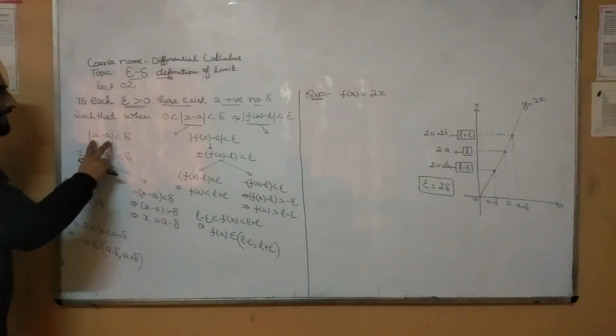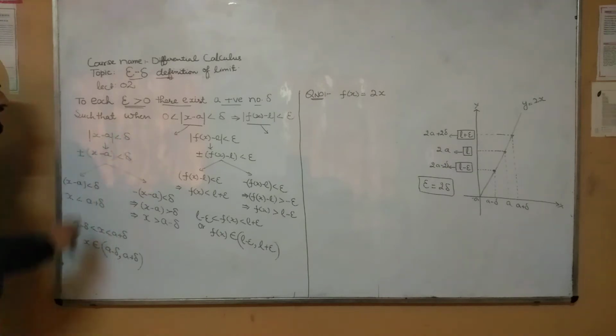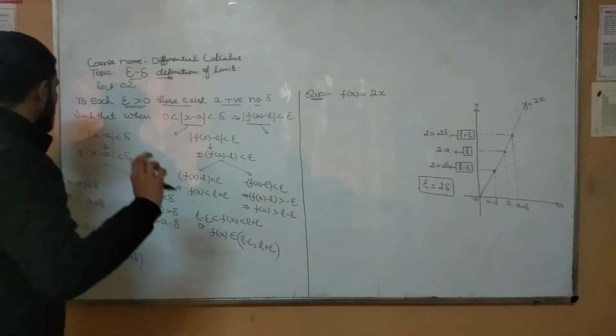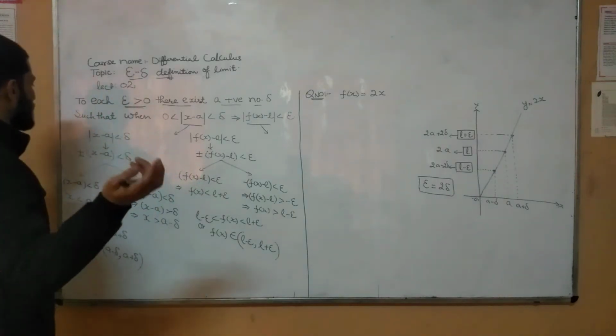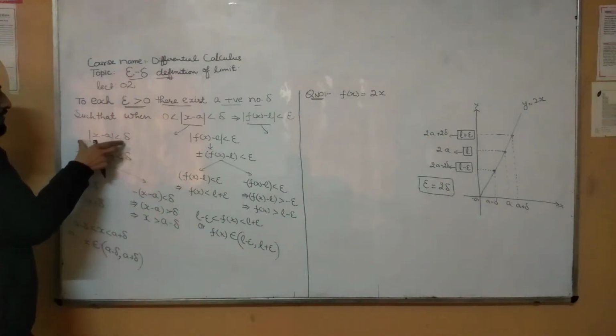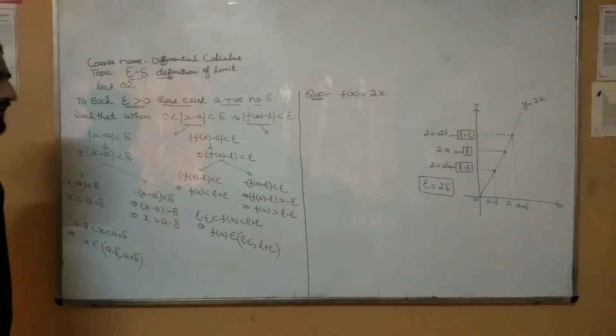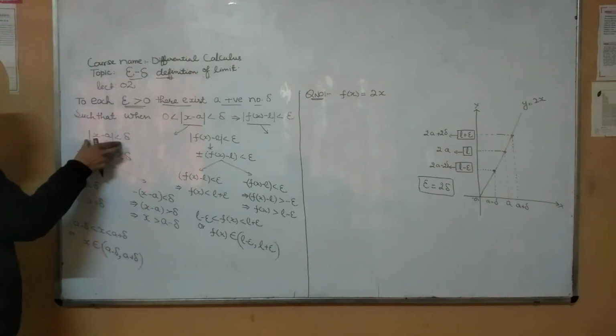Now what is here? Modulus of x minus a less than delta. In class 11 or class 12 we talked about inequality as well as the modulus function. So how can we operate this here?